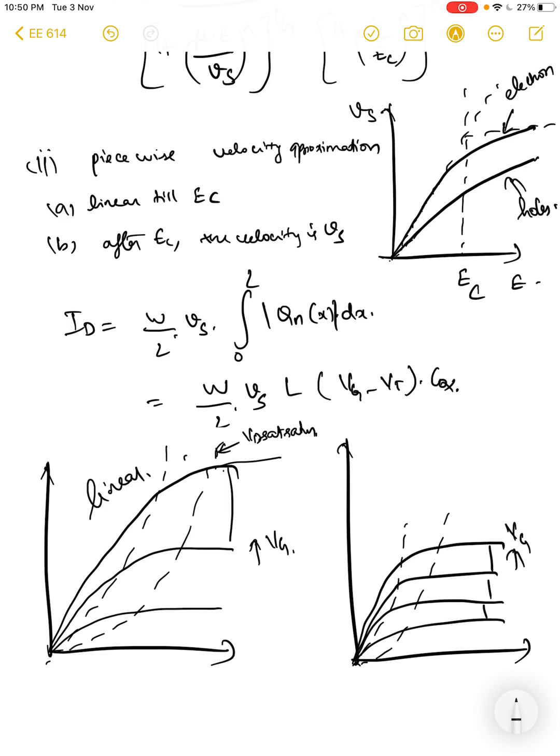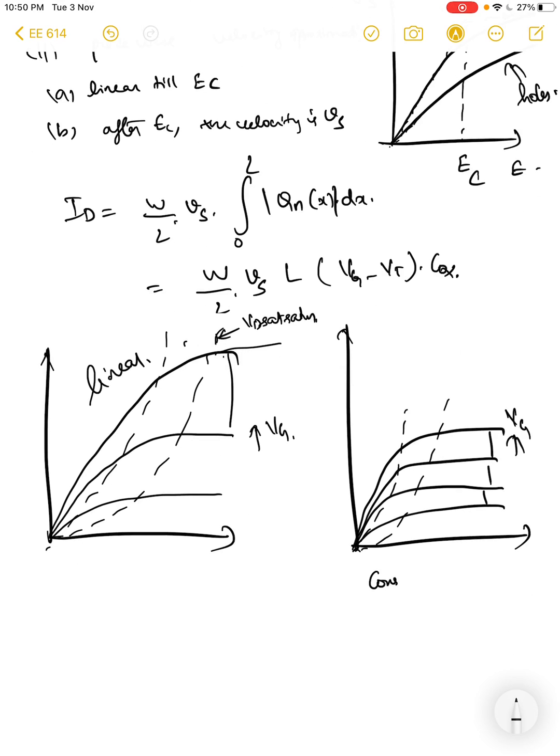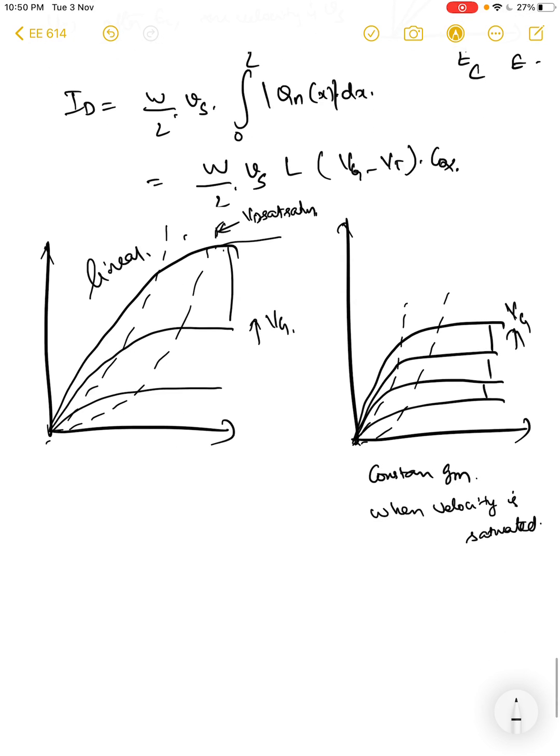The drain current increase with Vg remains constant, in the sense that you have a constant Gm when velocity is saturated. You have Id sat and Vd sat smaller than ideal values under velocity saturation.